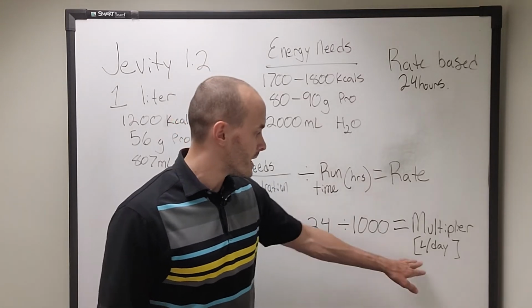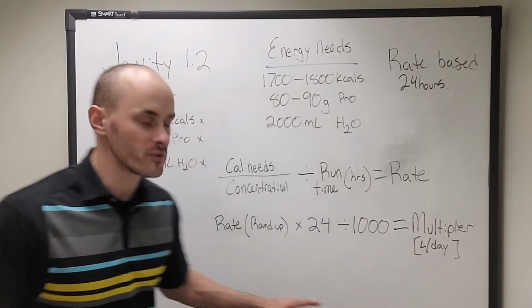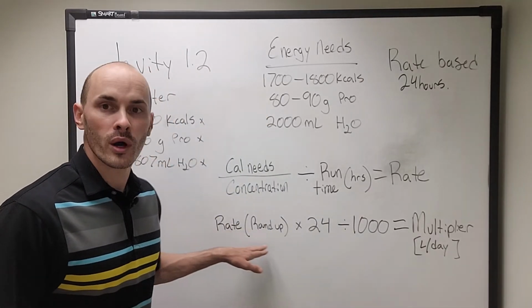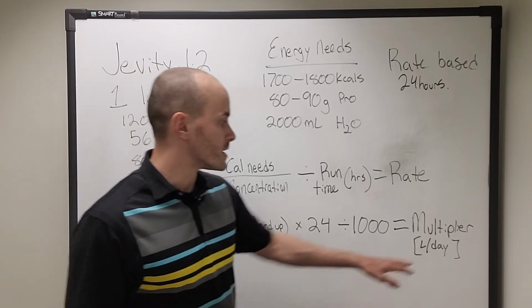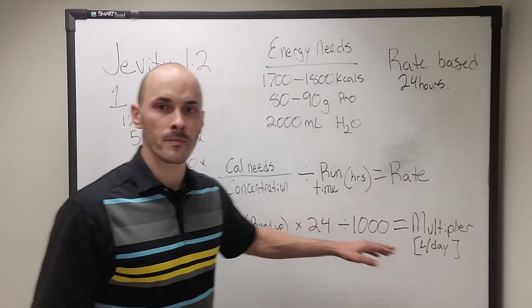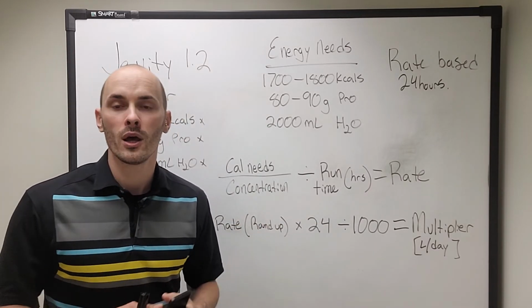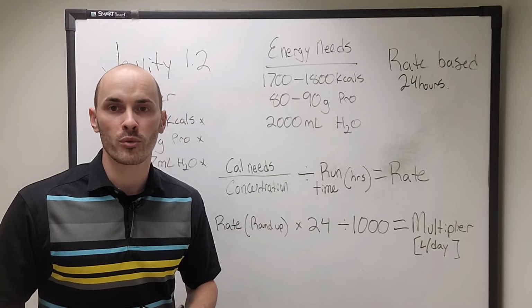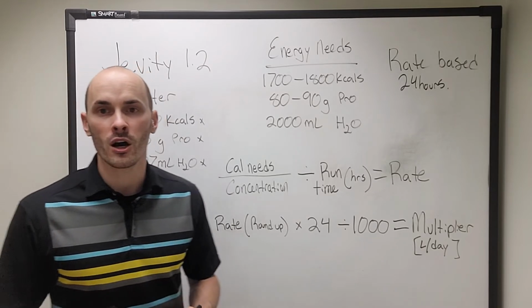It'll tell us how many liters per day that patient will receive given our new rate that we rounded up to. And we can use this multiplier with the information from our formulary to determine what macronutrients will be provided for that patient at this rounded up rate.